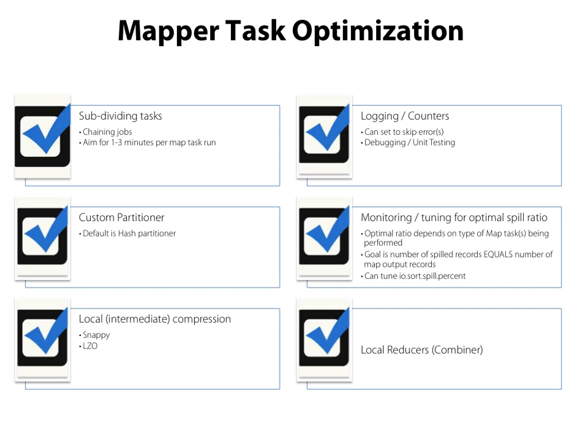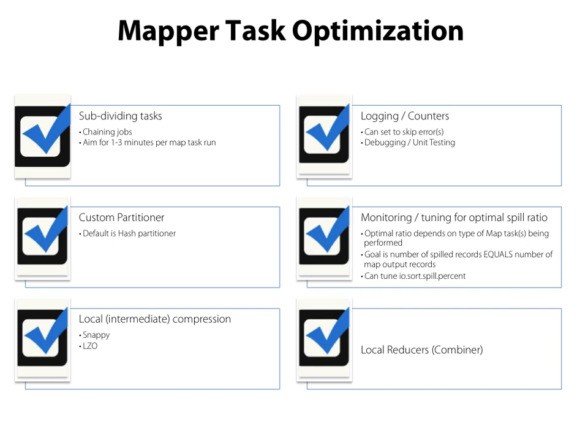To better understand exactly what's occurring in your tasks, both map and reduce, you can enable various logging and counters through the MapReduce API. You can also allow the MapReduce API to skip over error data. And you can set up debugging and unit testing. So you have a lot of visibility into what is actually occurring during the MapReduce processes.